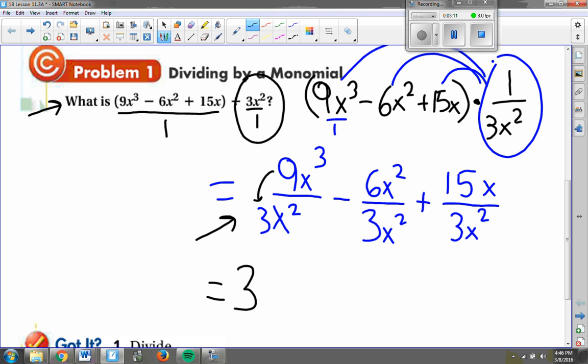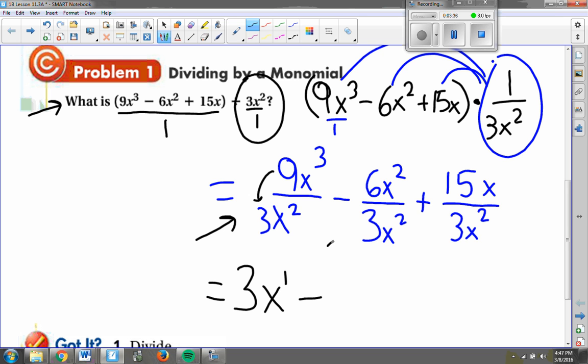Okay? And then x to the third divided by x squared. When we divide exponents, remember, we subtract them. So 3 on the top, 2 on the bottom leaves me with a positive 1 in the x. So I can do 3x to the 1. 3 minus 2 is 1. So I divide the numbers, I subtract the exponents, and I have 3x to the first, or just 3x.